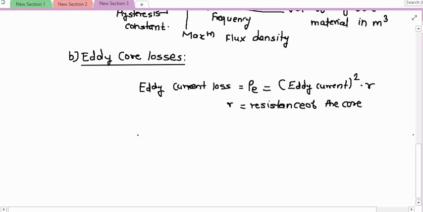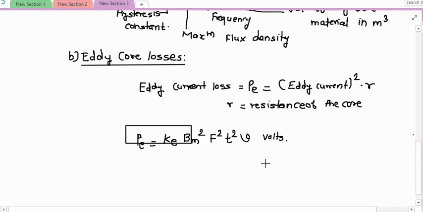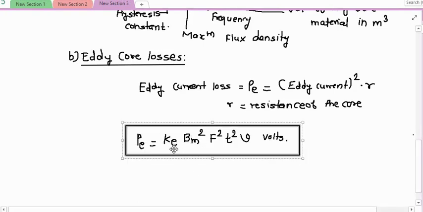The empirical formula for this Pe is Ke Bm square f square t square v watts. What is Ke? It is the eddy current constant.